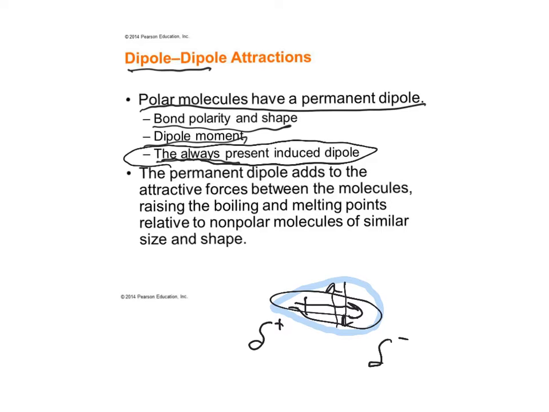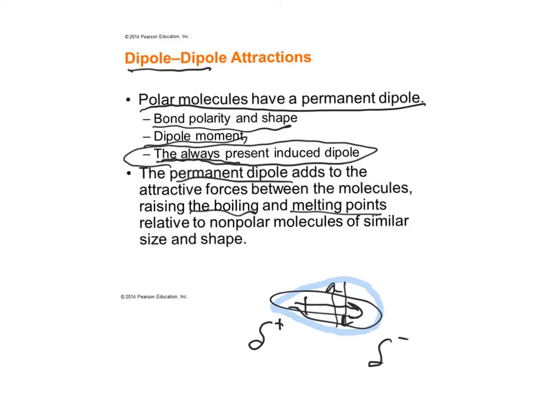So, as it turns out, molecules that are polar, that have those permanent dipoles, interact with one another through these dipole-dipole interactions, and they tend to be stronger, so they tend to have higher boiling points and higher melting points. Now, if you have a long carbon chain where it's all induced dipole, but it's a really long chain with lots of interactions, sometimes those boiling points can be higher.